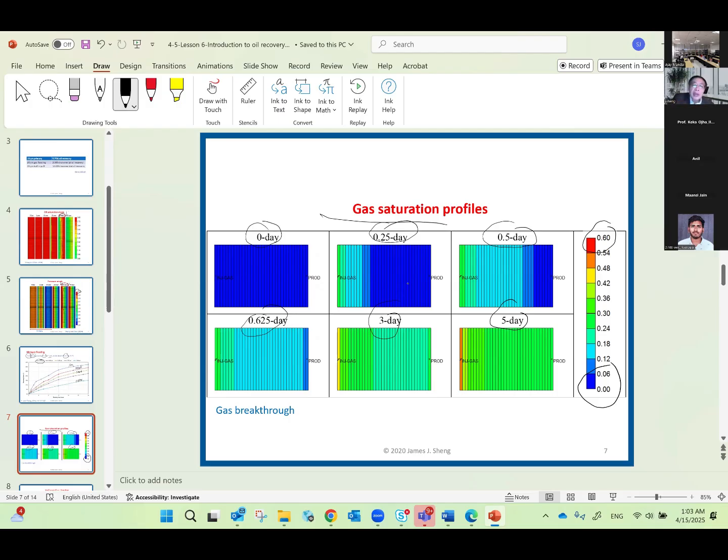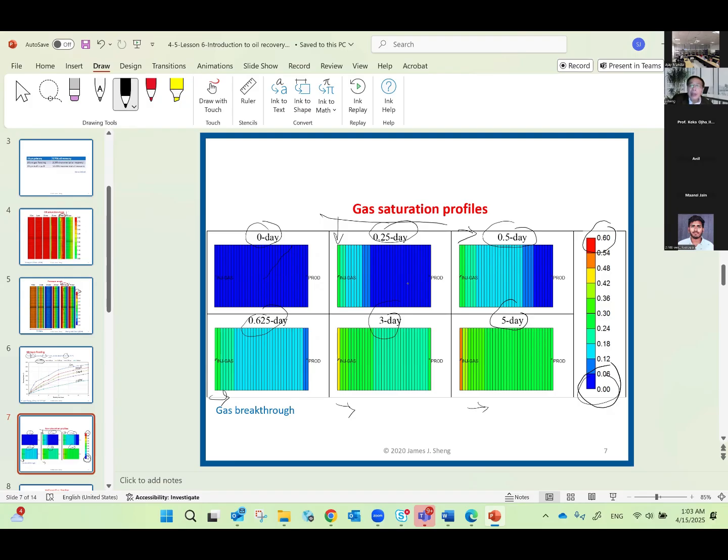So now in the beginning it's low, there's no gas injected. So at 0 it's low gas. Now as we inject gas, here you start to see the gas. Then as more gas is injected, the gas saturation moves to the right.